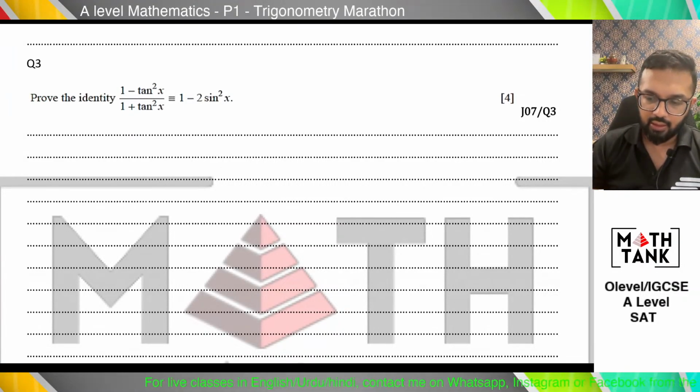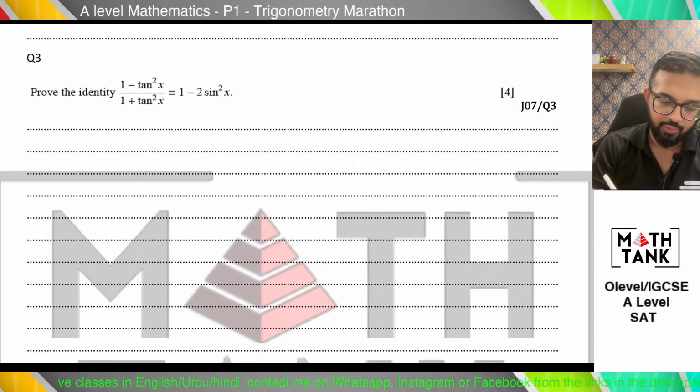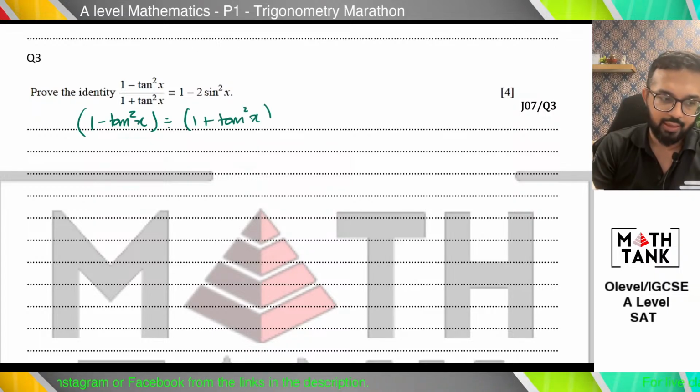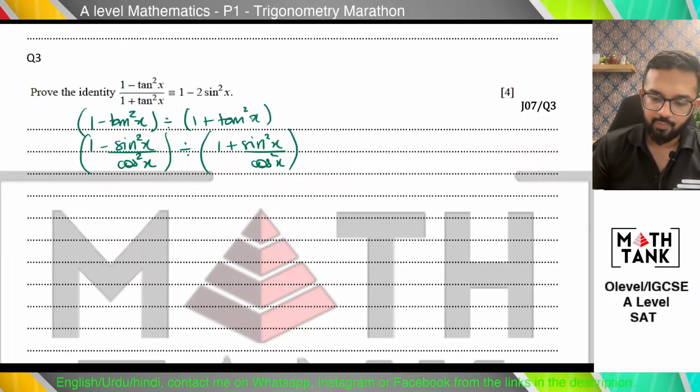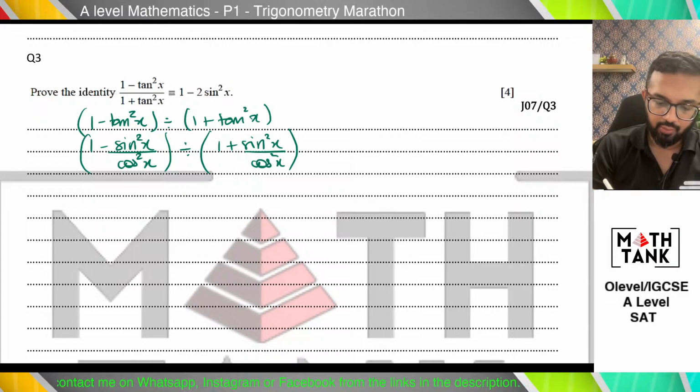This is an identity that I need to prove. So I am going to start with the left hand side. Because I know that tan boils down to sine over cos, I'll get a fraction over a fraction. So I'm not doing that. I'm instead converting this into, I get cos square x, the cos square x minus sine square x.